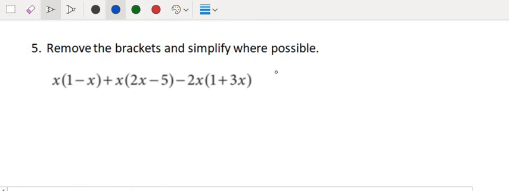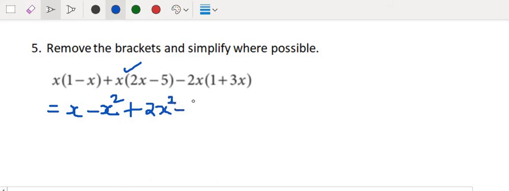Remove the brackets and simplify. You have to remove the brackets and get it to the lowest terms. So when you multiply with x, you can remove the bracket, can be written as x minus x square. Here we multiply x with the two terms, we get 2x square and minus 5x.